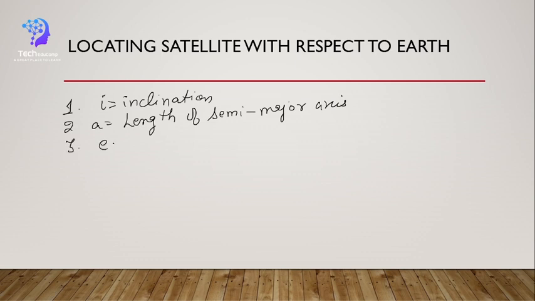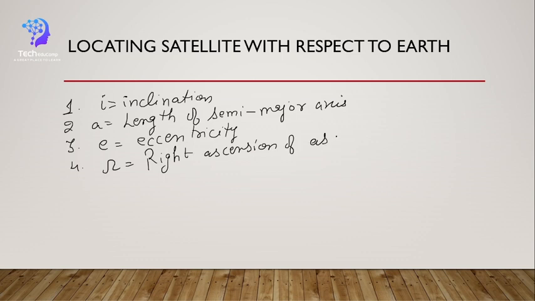Number three is e, which is the eccentricity. Number four is Omega, which is the right ascension of the ascending node.